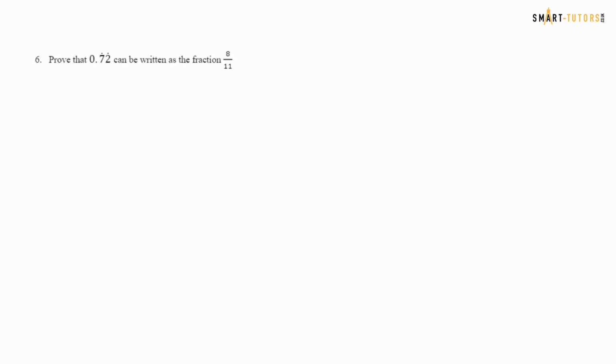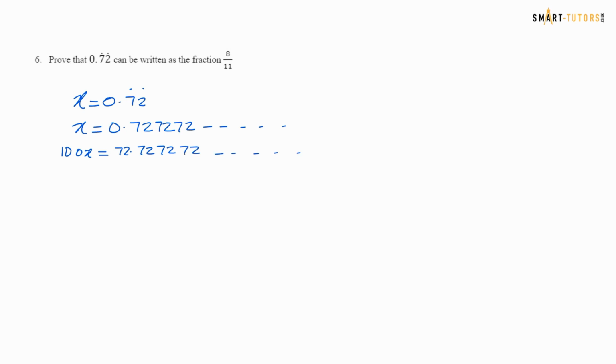Question number 6. Prove 0.72 recurring. So x equals 0.727272 recurring. So 100x equals 72.727272 recurring. Take away one from the other.